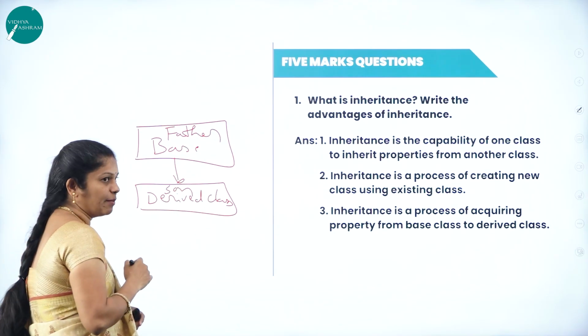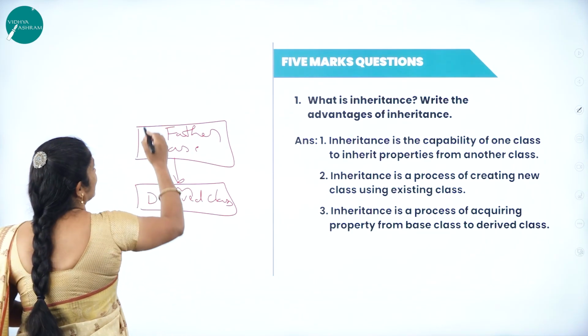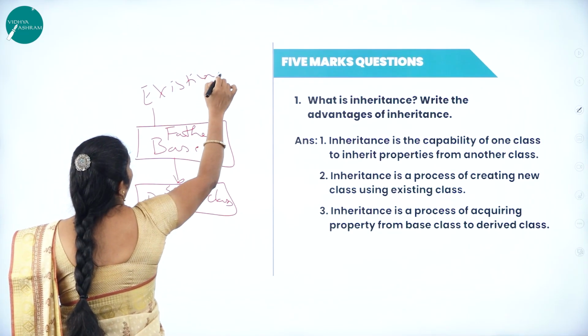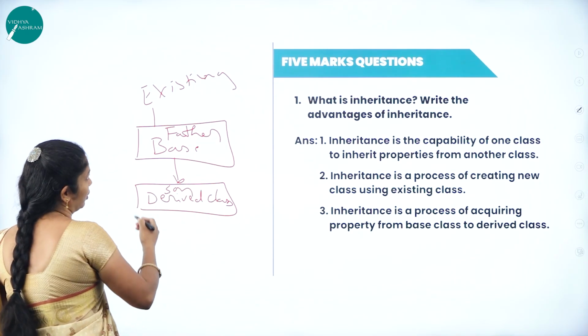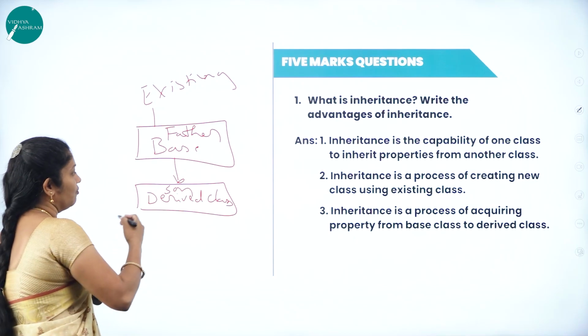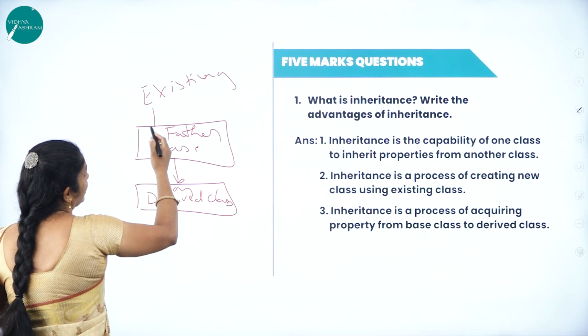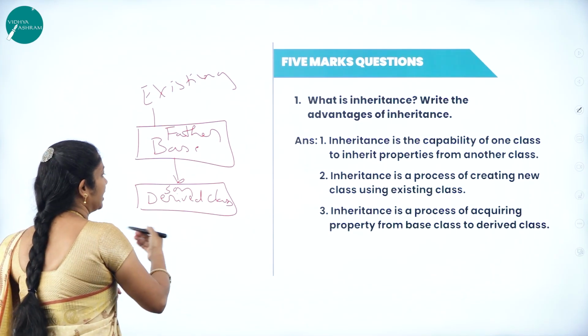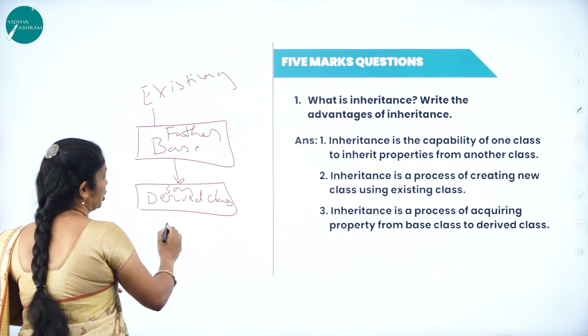The base class can be called the existing class, and the child class can be called the derived class. The base class can also be called the parent class, existing class, and the derived class can also be called the child class.